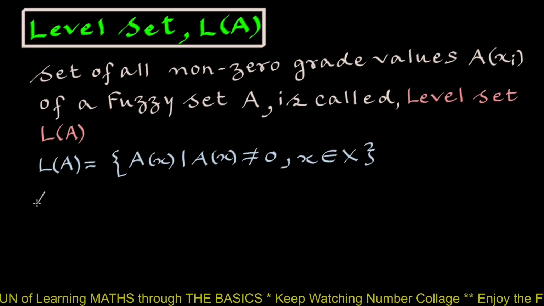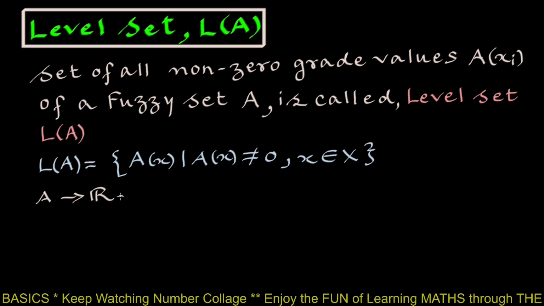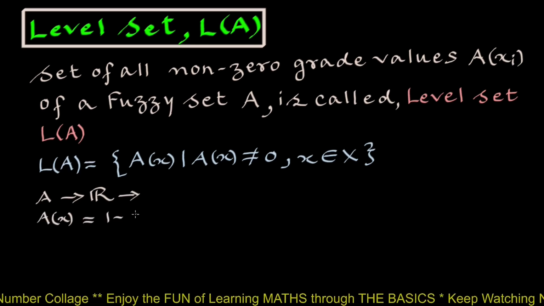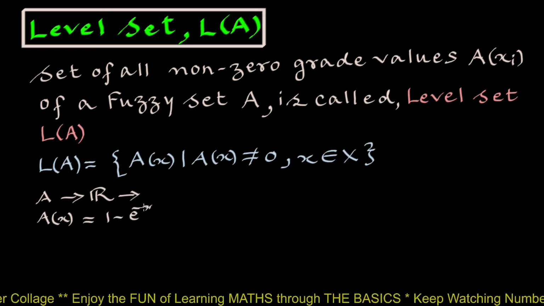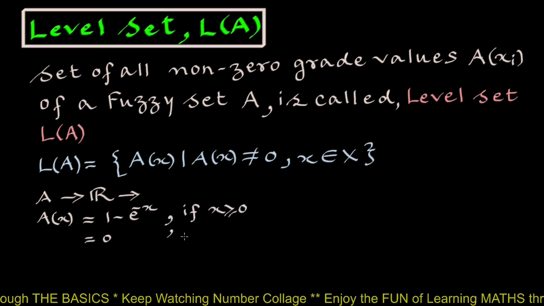Now one interesting example. Fuzzy set A is defined on real set R as follows. A of x is 1 minus e raised to minus x when x is non-negative and it is 0 otherwise.